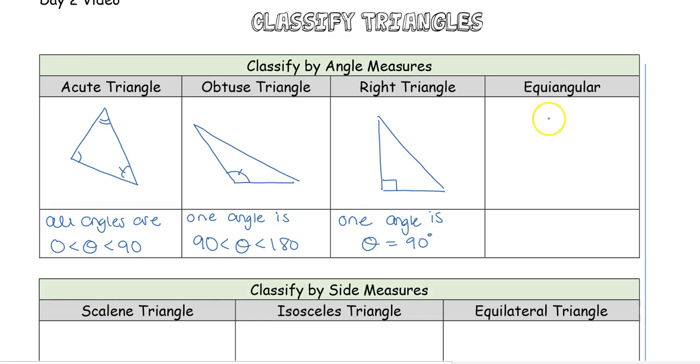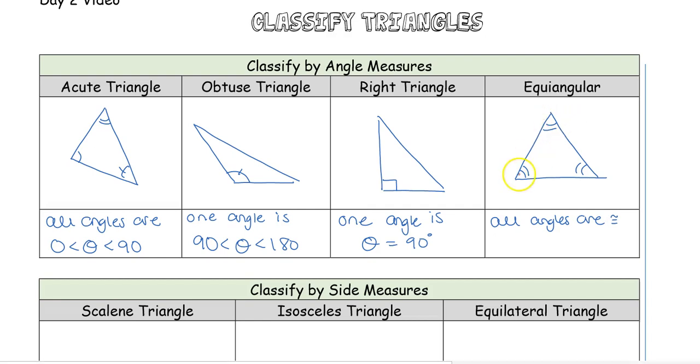Equiangular, if it's equiangular, that means equal, the same. All three angles have the exact same measure. So in an equiangular triangle, all angles are congruent. They are all the same. Now we also know what the measure of each of those angles is going to be.